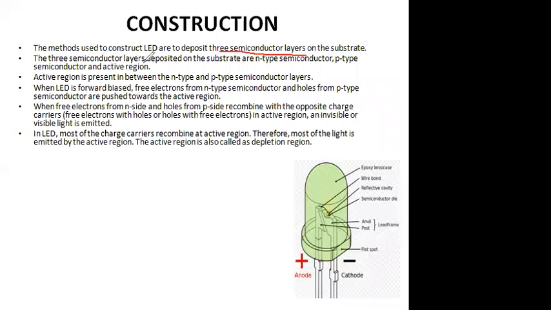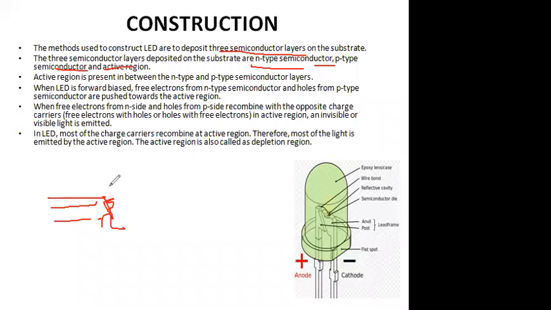The three semiconductor layers deposited on the substrate are N-type semiconductor, P-type semiconductor, and the active region. At first there is the N-type semiconductor. Above the N-type semiconductor there is the P-type semiconductor, and above that there is an active region.